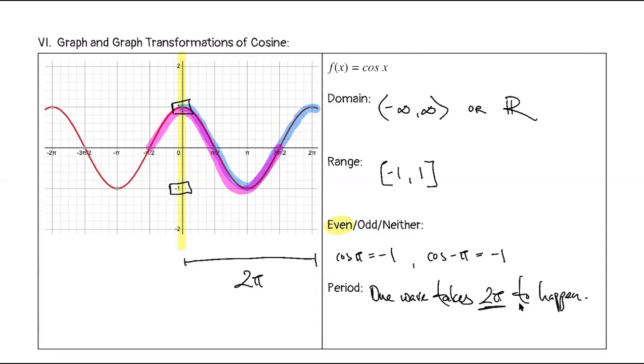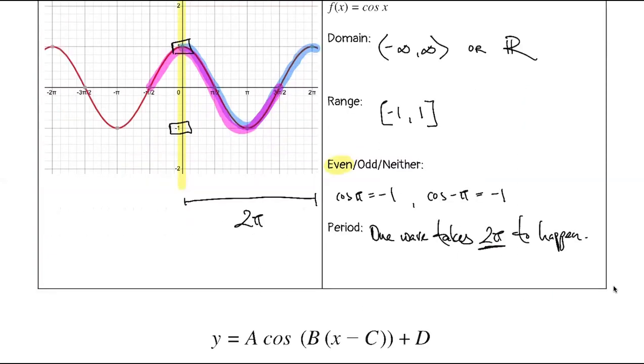All right. How do we feel about one example of graph transformations for cosine to kind of seal off today? That sound good? We all still there? Maybe, maybe not.